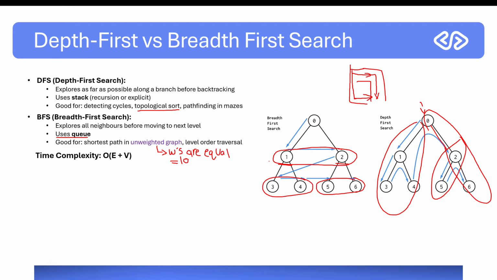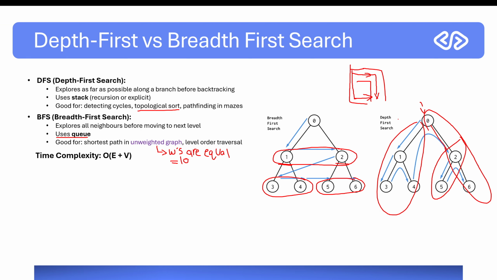And that's true because if all the weights are equal, then the weights have no meaning. So the shortest path is derived from breadth first search because since we're going level by level, we're not going all the way down like depth first search.